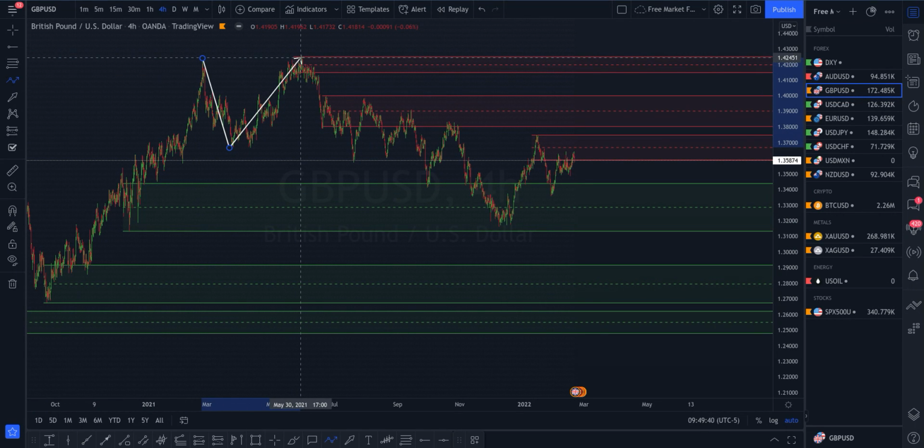So that's an uptrend, this possible start of an uptrend. We would need another high for it to be considered an uptrend.